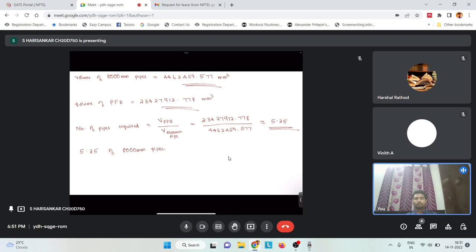So what we have to do is we have to take the next integer of the value that we got as the minimum number of pipes. So we got 5.25 as our value. That means we need at least 6 of these pipes to achieve the conversion, which is 66% in this question. So the number of pipes will be 6 here.